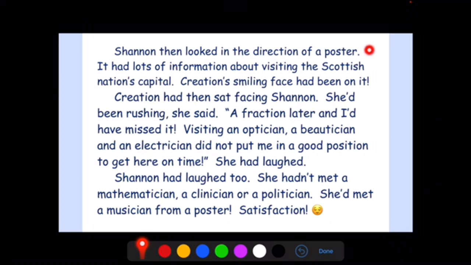Shannon then looked in the direction of a poster. It had lots of information about visiting the Scottish nation's capital. Creation's smiling face had been on it. Creation had then sat facing Shannon.